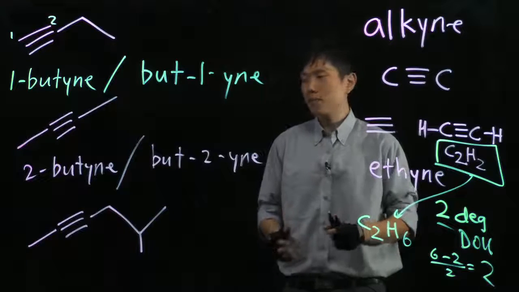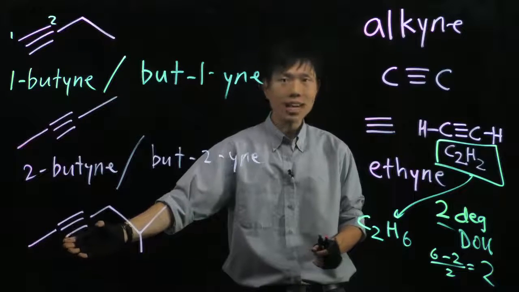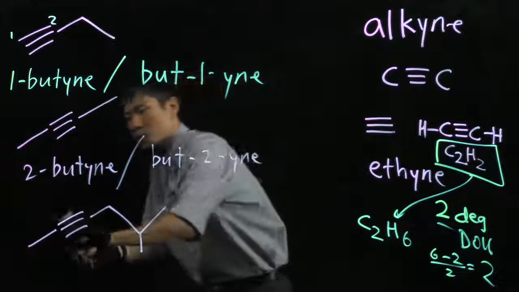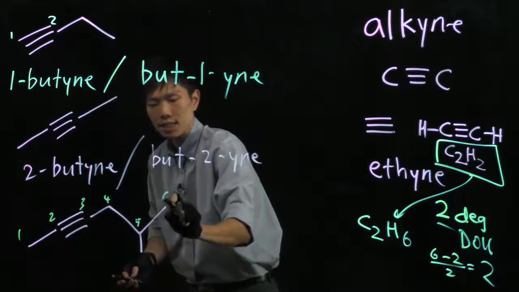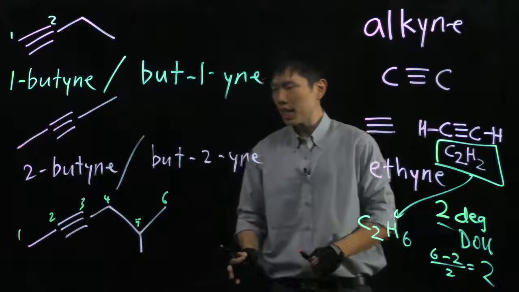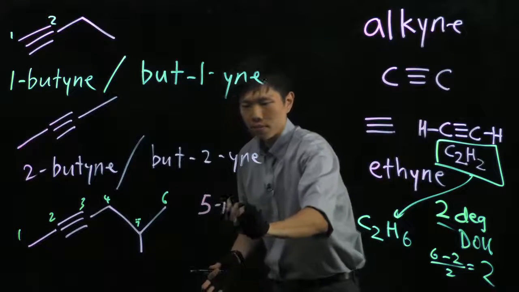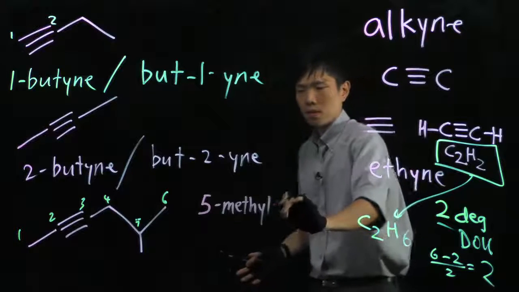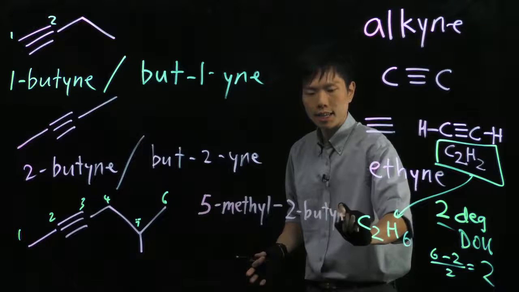The answer is very clear. This is the main functional group of high priority here, so we must have the smaller number for this triple bond, which means it must be numbered this way, 1, 2, 3, 4, 5, 6. And we have a methyl substituent here, so the overall name will be 5-methyl 2-butyne.